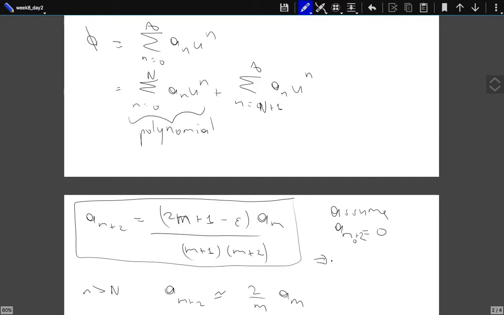But that would mean that epsilon is twice m0 plus 1. Of course, m0 can be 0, 1, 2, etc., for some integer m0. Otherwise, I don't get a normalizable solution.